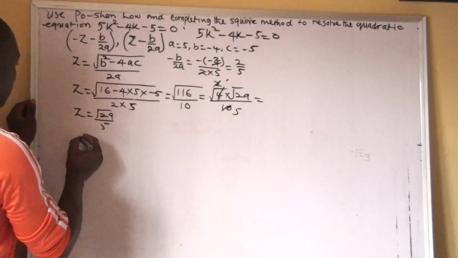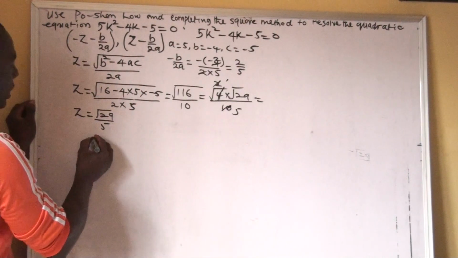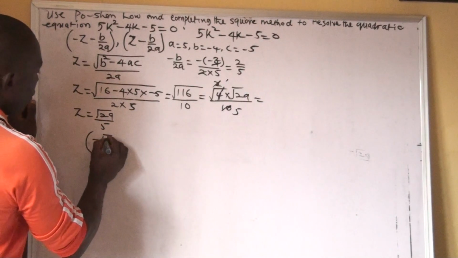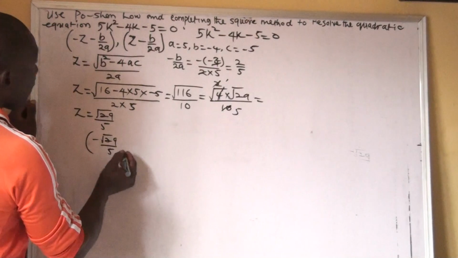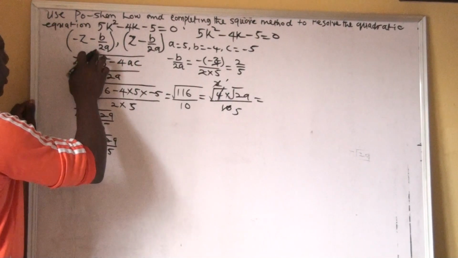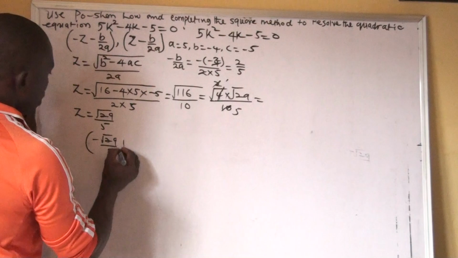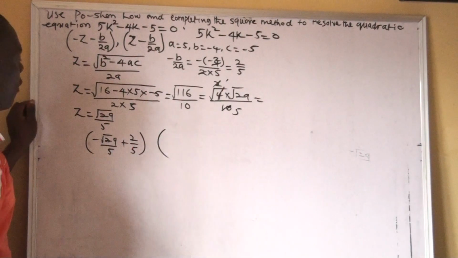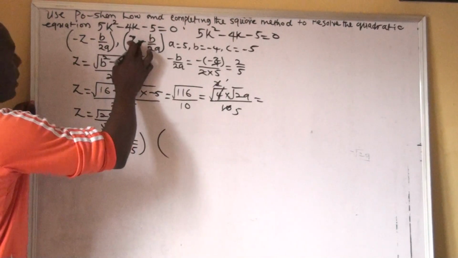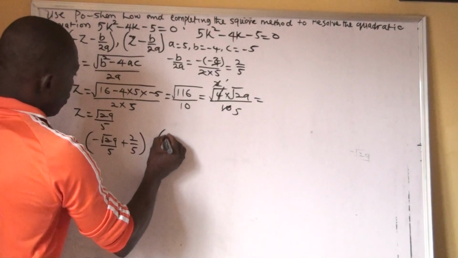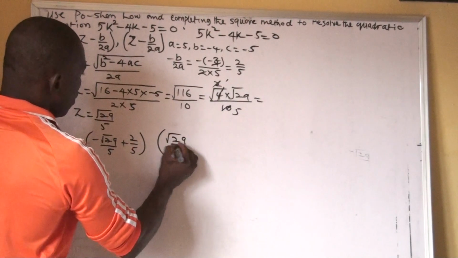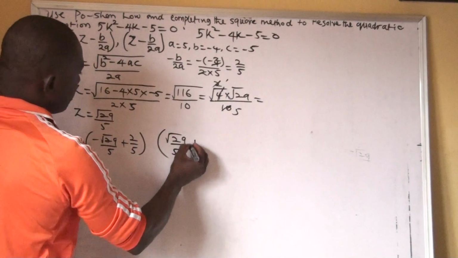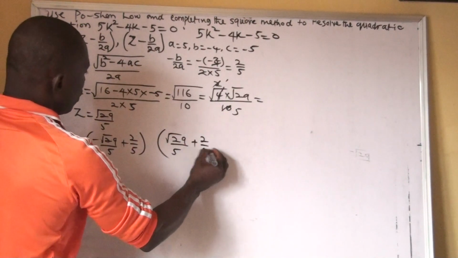So one of the roots becomes minus root 29 over 5, and the value of minus b over 2a is plus 2 over 5.